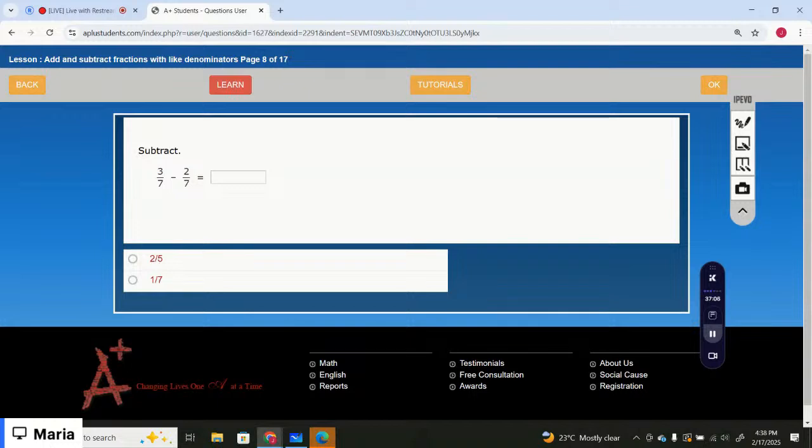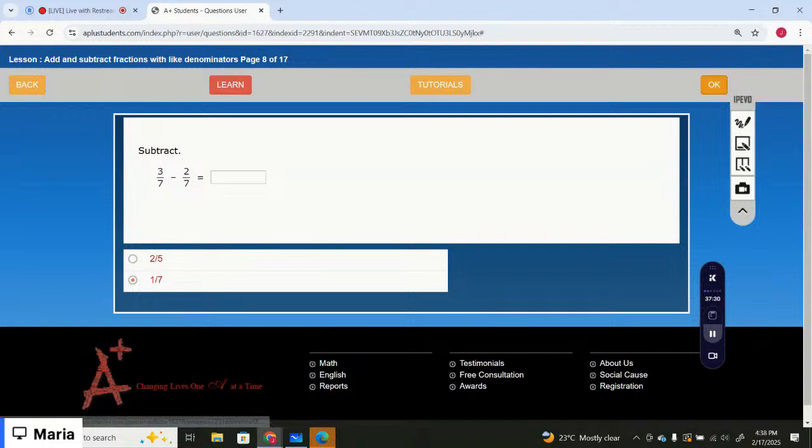Three by 7 minus 2 by 7, which is the correct option. That is 1 over 7.